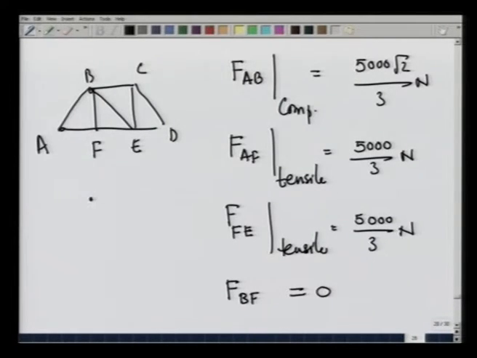Let us see, point B has a force pushing it this way, because FAB is compressive, it pushes the, by Newton's third law, the pin out. There is no force in BF direction. There is a force FBE in this direction, and there is a force, let us assume now, to balance, FBC in this direction.